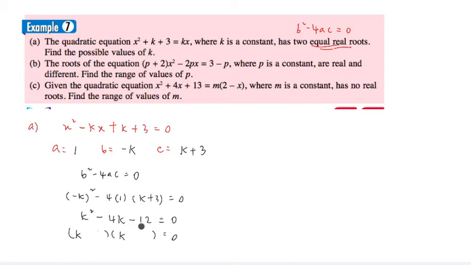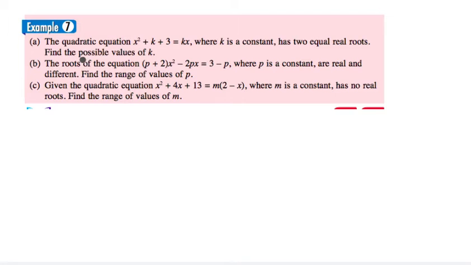This one, 12, will be what? 6 and 2. So here it's minus 6 plus 2, negative 4. Therefore k equals 6, k equals negative 2. So that's the answer, finished, two answers.